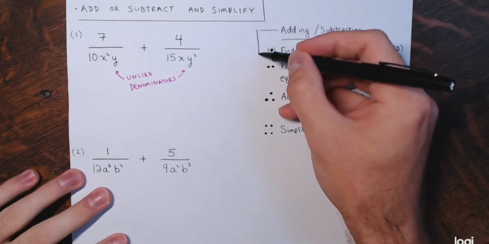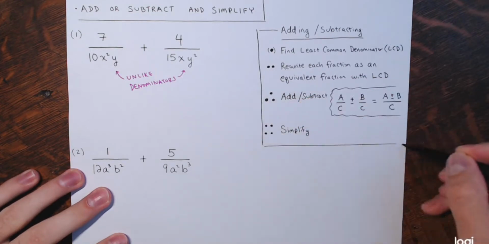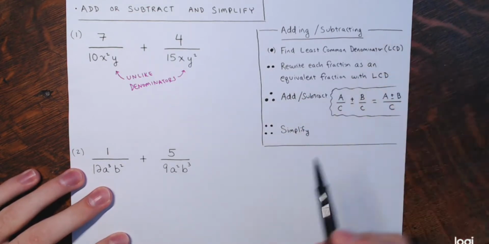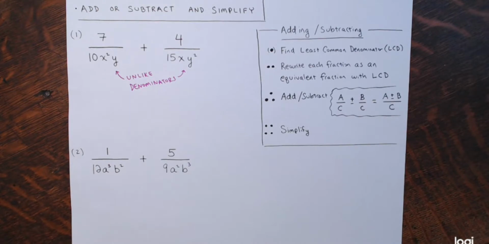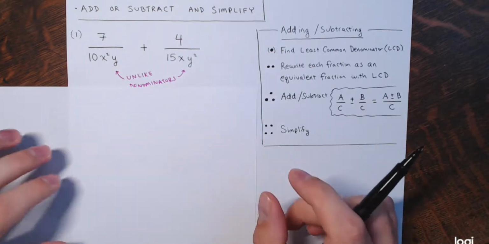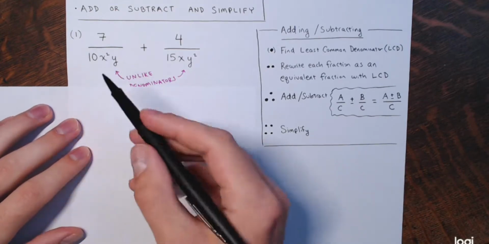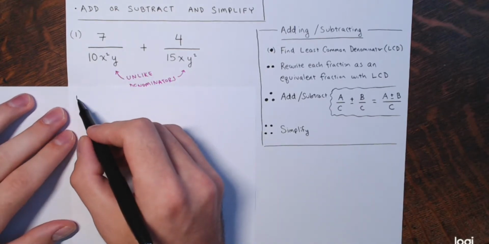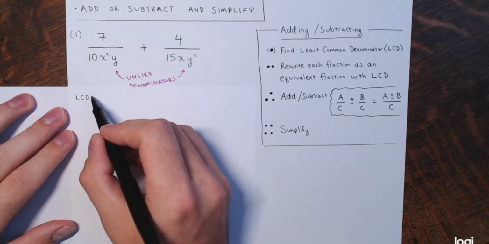Alright, so here are the 4 steps I'm going to be following for all the examples in this video. So this first example, first step, I'm finding the LCD.